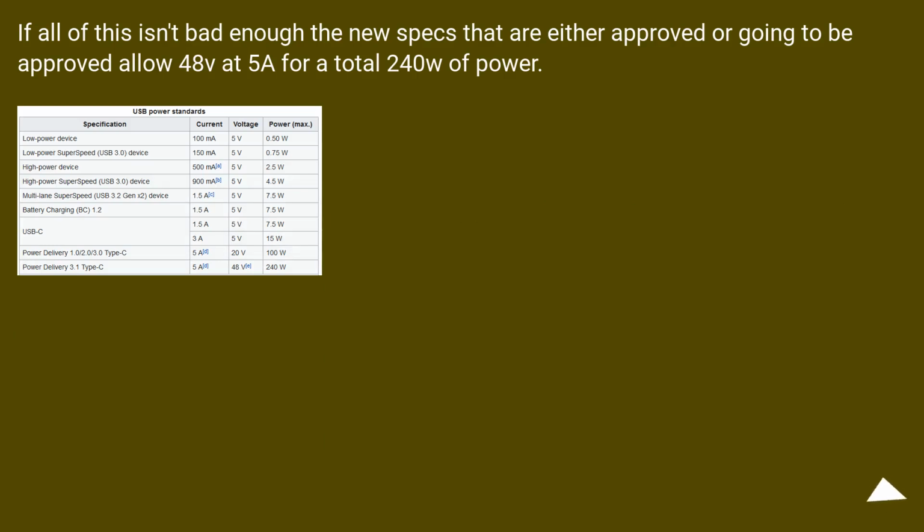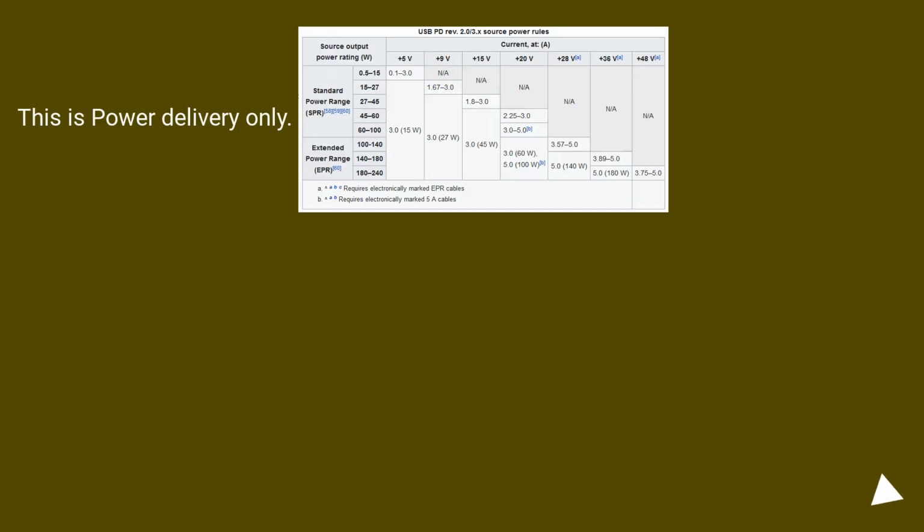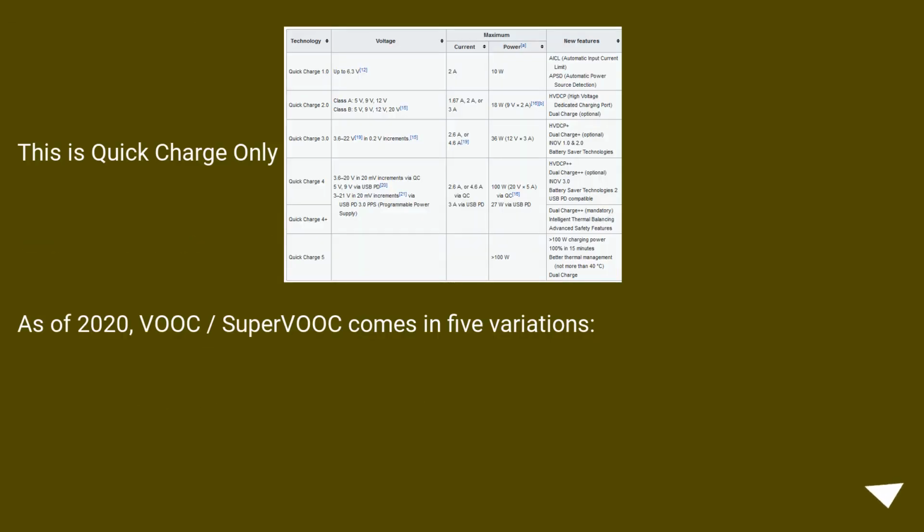If all of this isn't bad enough, the new specs that are either approved or going to be approved allow 48V at 5A for a total of 240W of power. This is power delivery only. This is quick charge only.